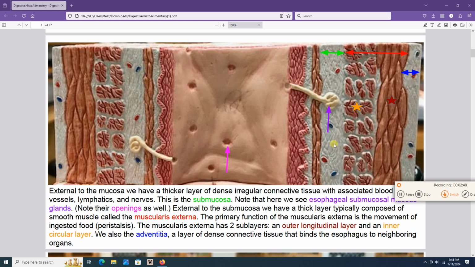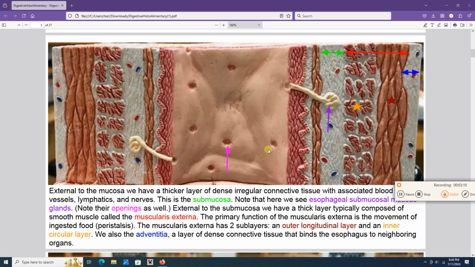Plus, I'm going to have like blood vessels, nerves, lymphatic stuff as well. And in the case of the esophagus, I see this submucosal mucus gland, and it's going to make mucus. It has a duct that goes this way. I see openings for other glands as well, and here's another gland also. Obviously, mucus gland makes mucus. The point of the mucus is to lubricate the passageway to make it easier to swallow food.